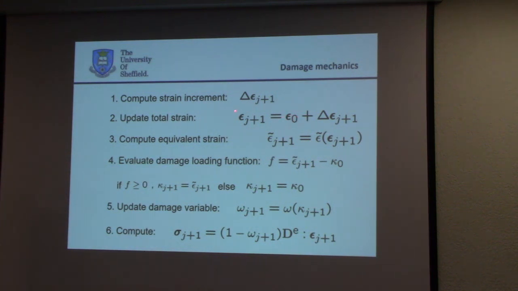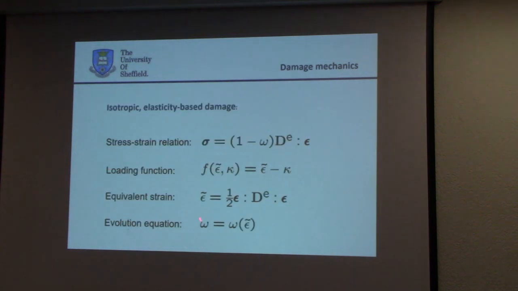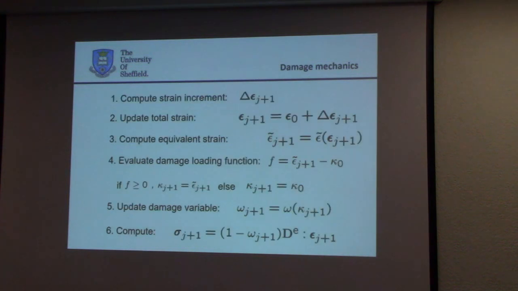So you update your total strain as the strain that was left behind at the previous loading step, plus this increment which you've computed. Now you have your full strain tensor, and you compute your equivalent strain, for instance, using this function, or when you have another type of material, the function that is appropriate.